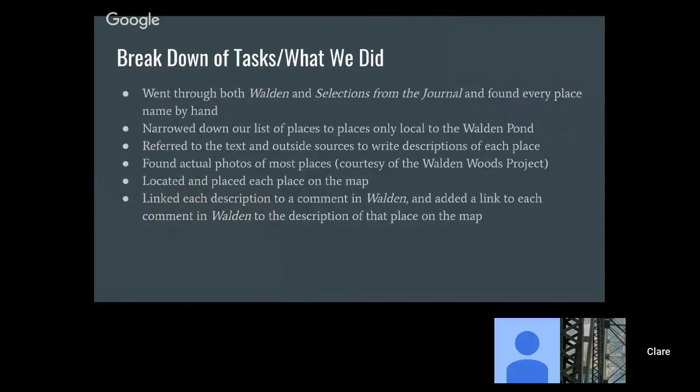So as we know, Walden is a very long and extensive text. Our purpose, like Taylor said, was essentially to find every place in Walden and determine which ones we felt were the most important to Thoreau's life and to the story of Walden.